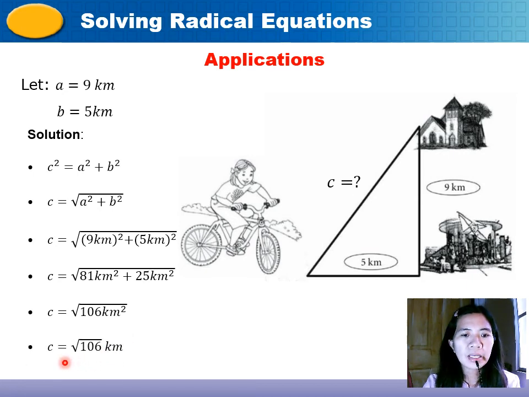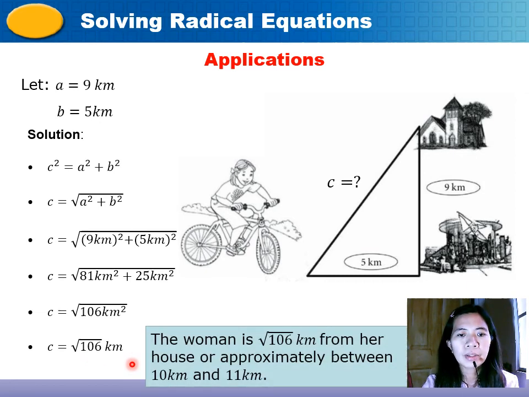So C equals the square root of 106 kilometers. So this means that the woman is square root of 106 kilometers from her house, or approximately between 10 kilometers and 11 kilometers.